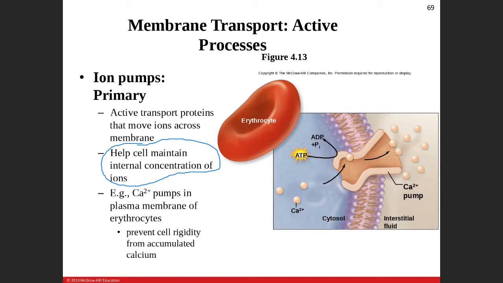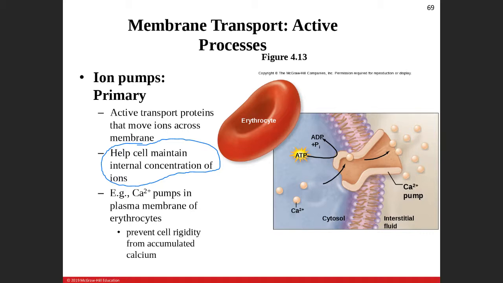So we see an ion pump in red blood cells, in the erythrocytes, for calcium. And calcium gets pumped out of the cell, okay? Because when calcium penetrates the cell, and if it accumulates, it can cause the cell to become rigid, and you don't want that.